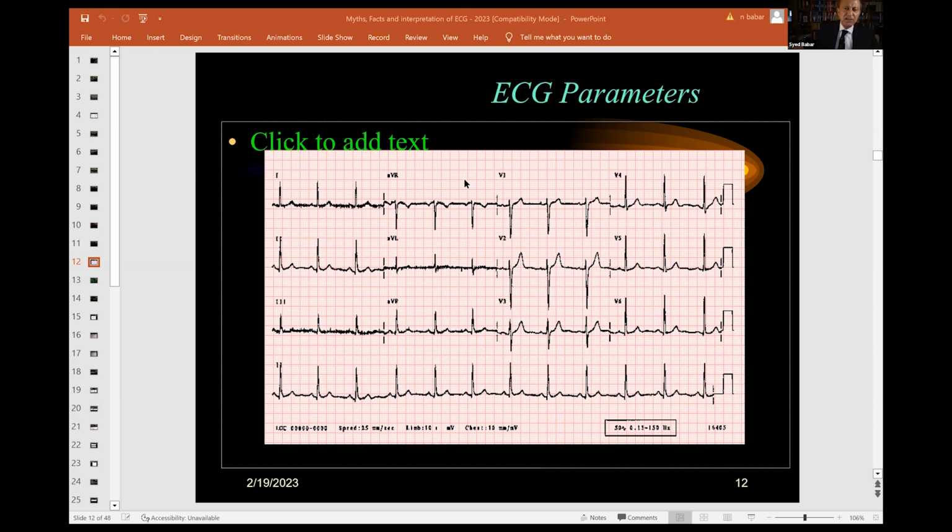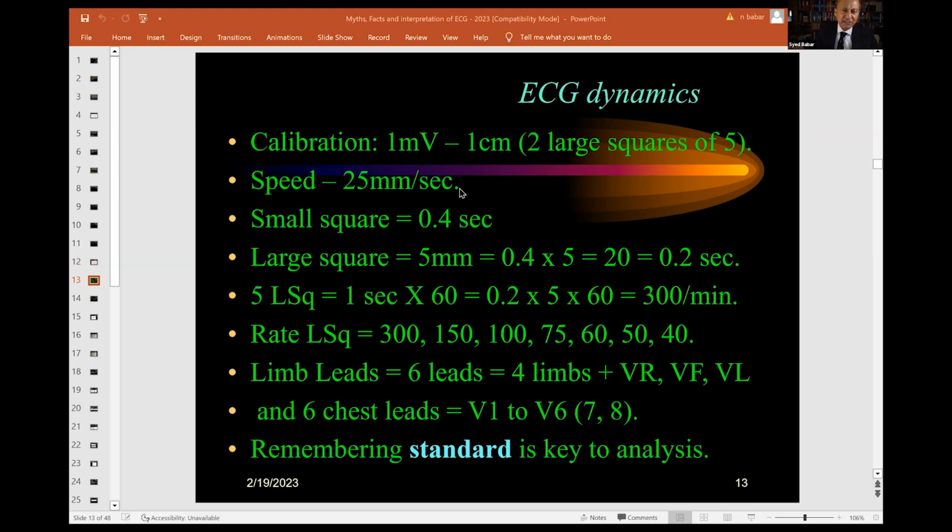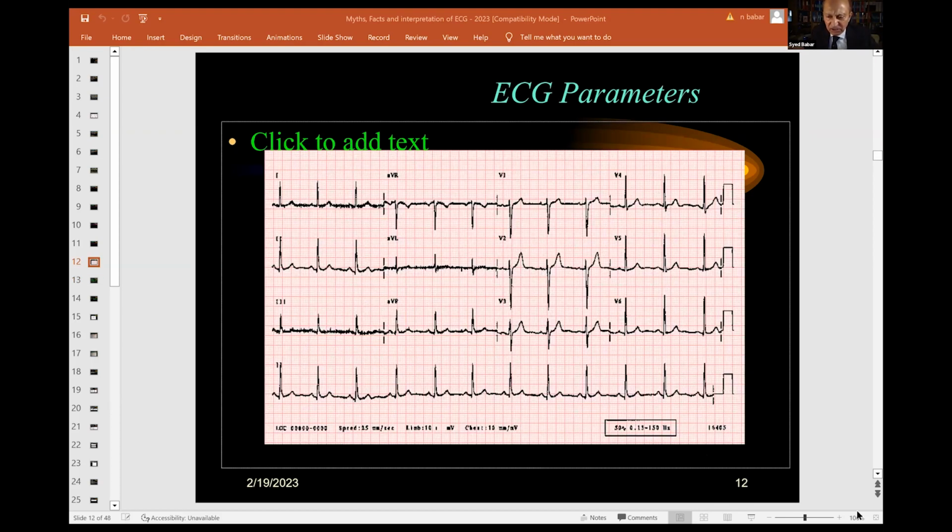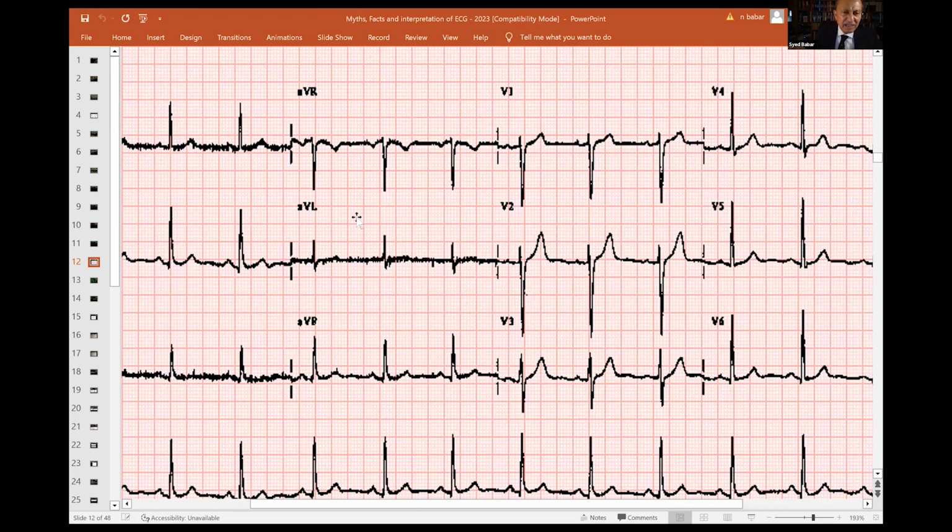Each large box is 5 small squares, so 1 millivolt is 1 centimeter. The large squares consist of 5 small squares, both on the sides as well as going up.